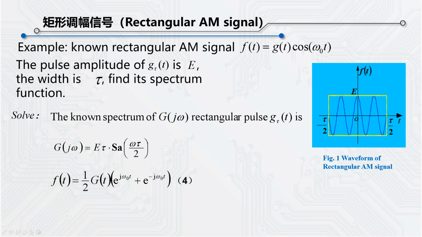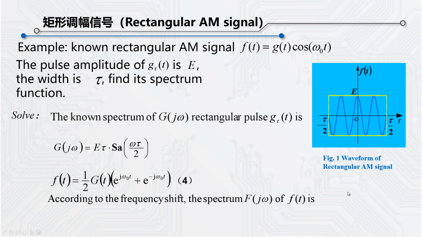According to the expression of the AM wave, and according to the Euler formula, cos ω0t is expressed by an exponential signal. So formula 4 is true. According to the frequency shift, for the signal of AM wave, a spectral density function should express by formula 5.